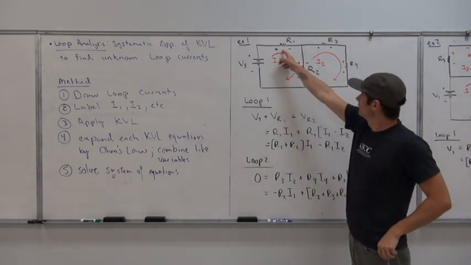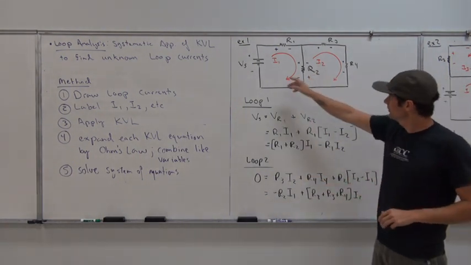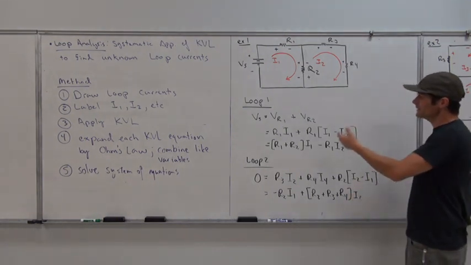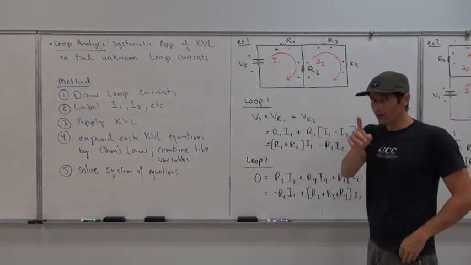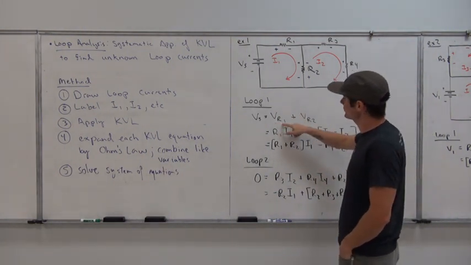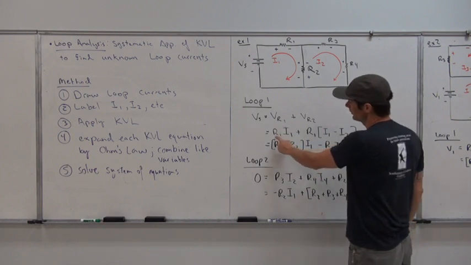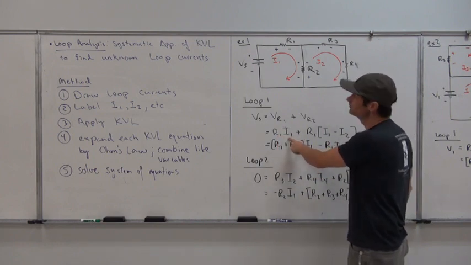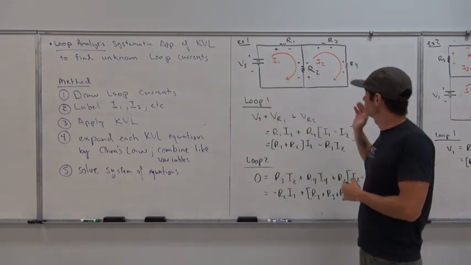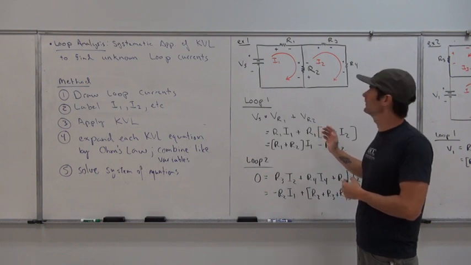Sure enough, the voltage across R1 plus the voltage across R2, passive sign convention, is equal to the voltage rise of Vs. If we expand that out by Ohm's law, we see that the voltage across R1 is in fact equal to R1 times I1.